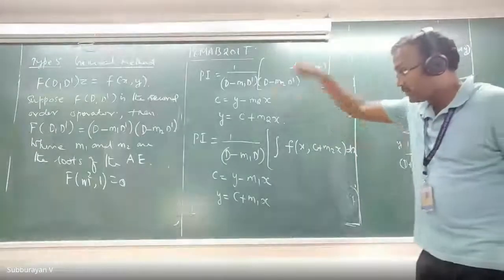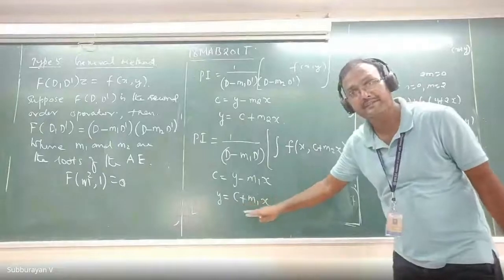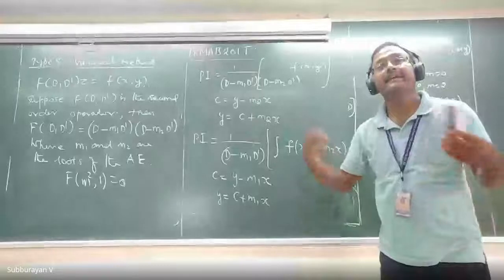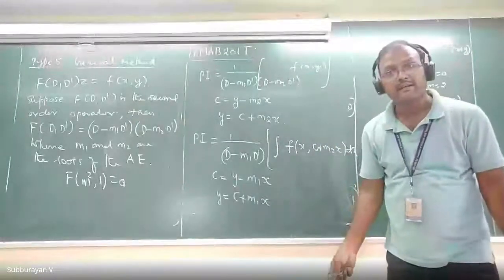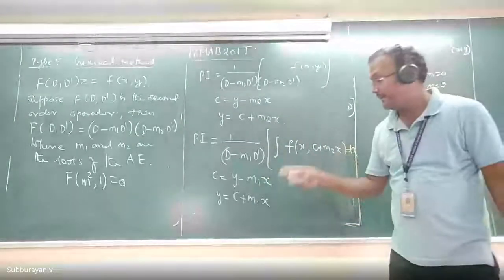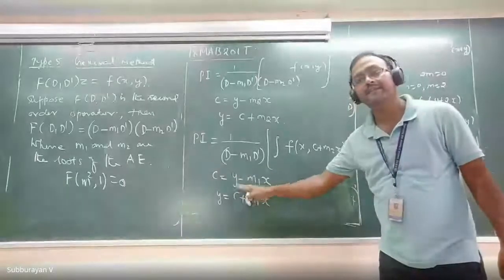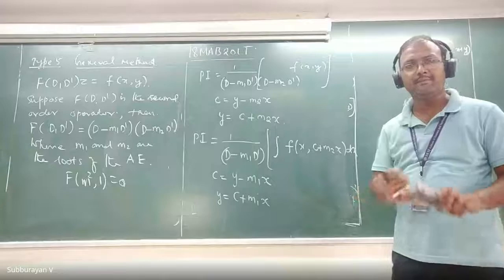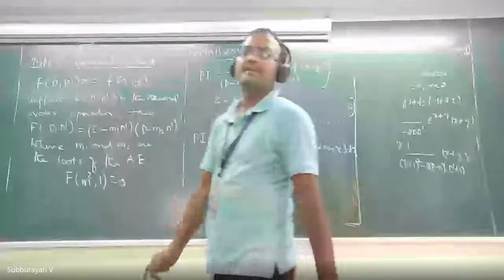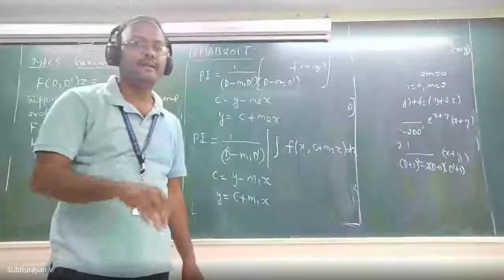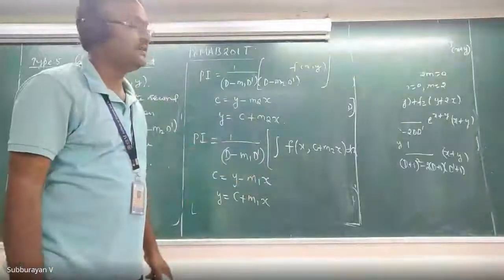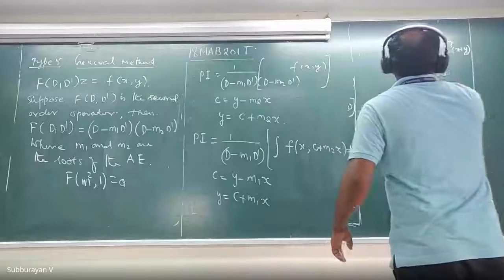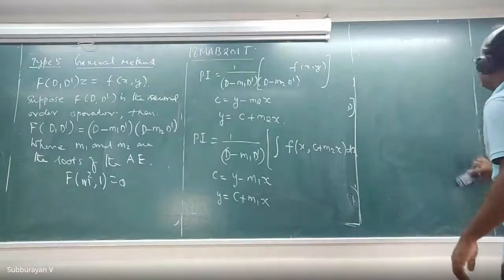You replace that y by c plus m1 x, then integrate this with respect to x. After integrating, you replace c by y minus m1 x. This is the procedure. Simply, this is transforming the variable y into some other variable x. While solving the problem, you can easily understand what is happening there.